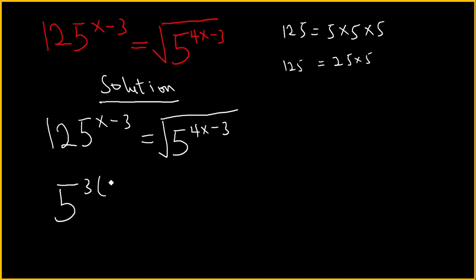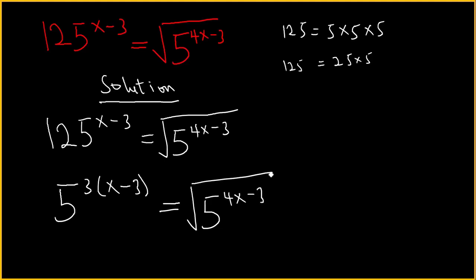Multiplying x minus 3 equals the square root of 5 raised to the power 4x minus 3. Alright, so we have the same equation. The 3 is multiplied with the expression inside the bracket.